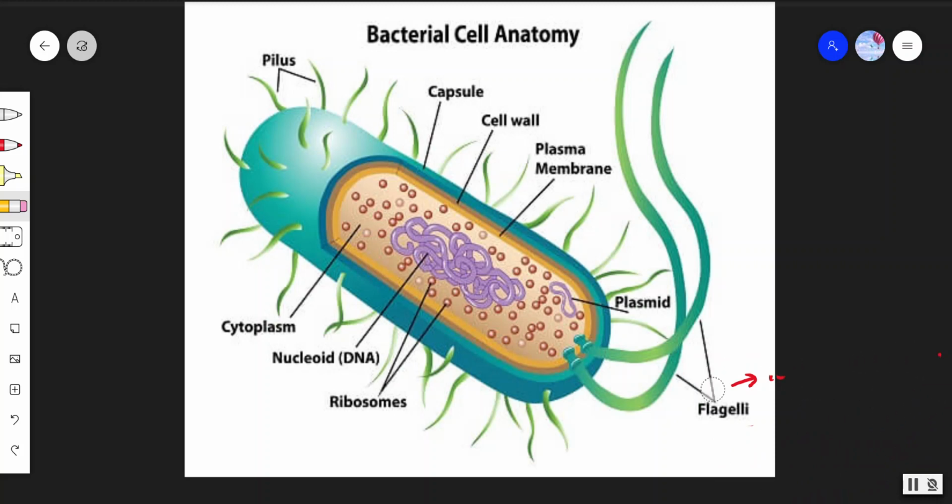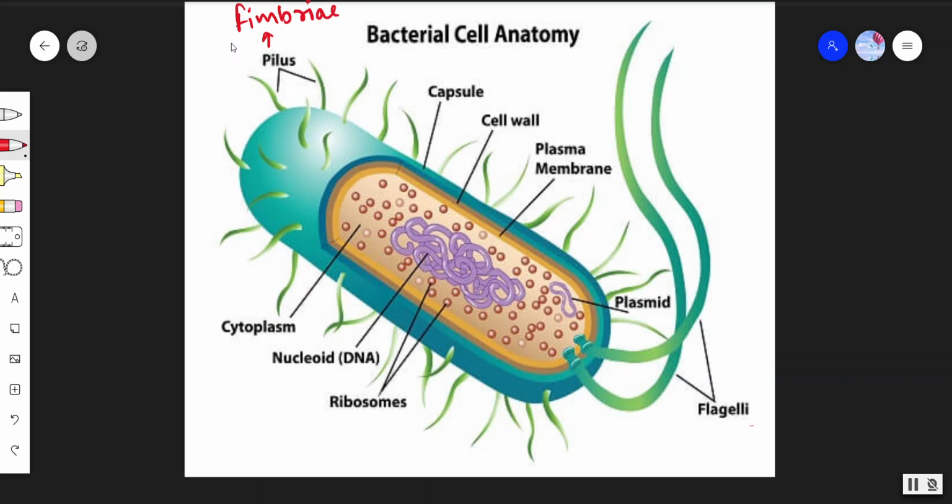Okay, next we move to another small structure present on the surface of bacteria. These are pili, also called fimbriae.